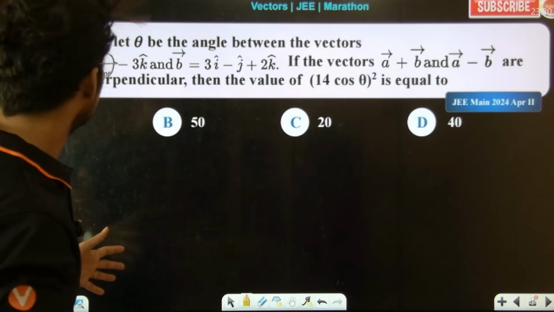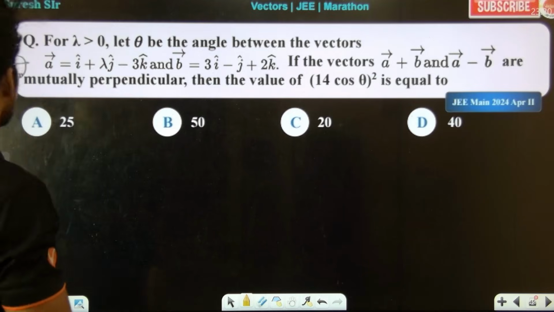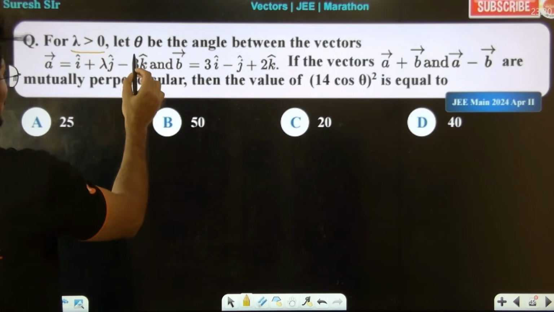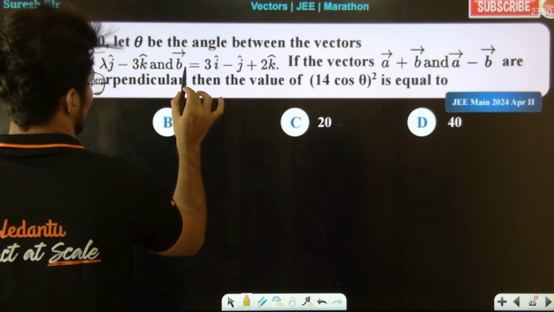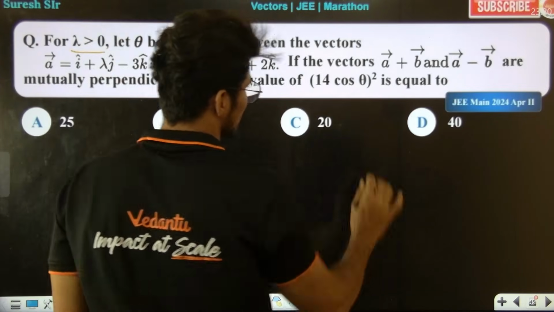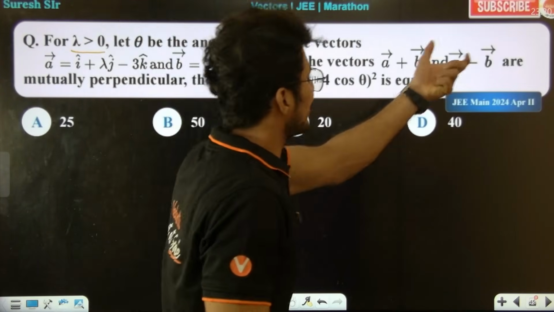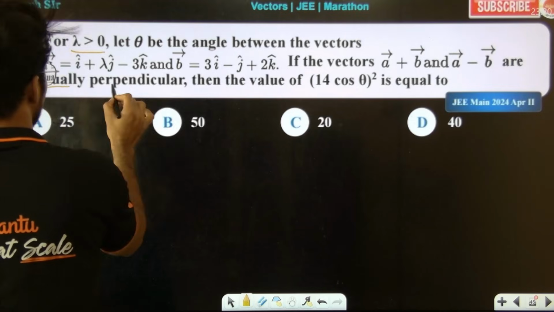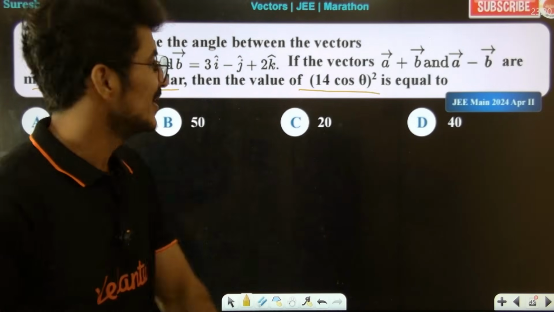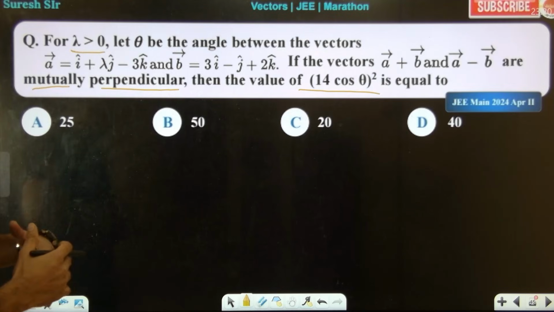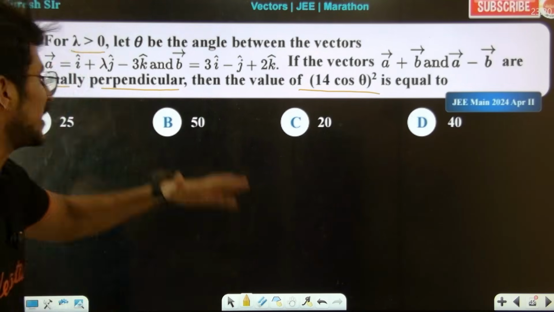Okay, next question. For lambda greater than 0, let theta be the angle between the vectors A and B. If the vectors A plus B and A minus B are mutually perpendicular, then find the value of 14 cos theta whole square. Sir, the vectors A plus B and A minus B are perpendicular to each other.